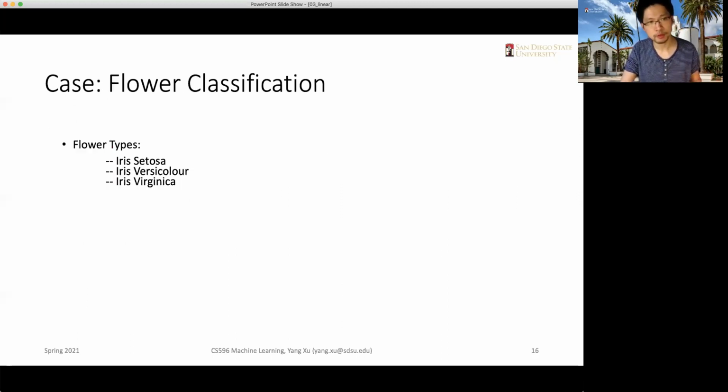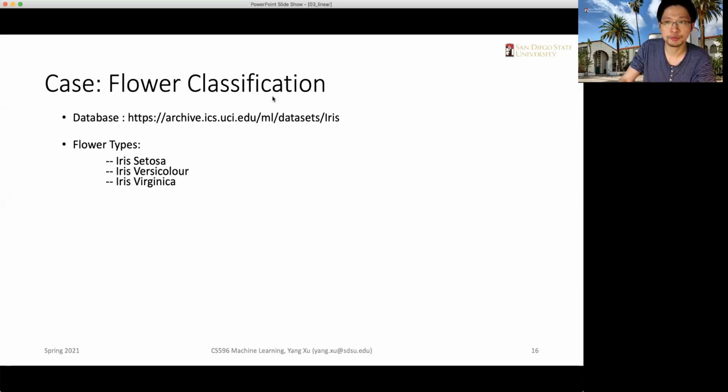Now, the next case is flower classification. It's more or less a similar example, but with more labels, more target variables to predict, including 3 types of flowers.